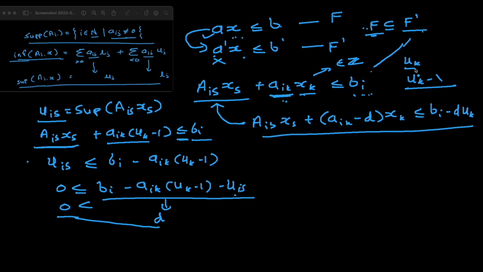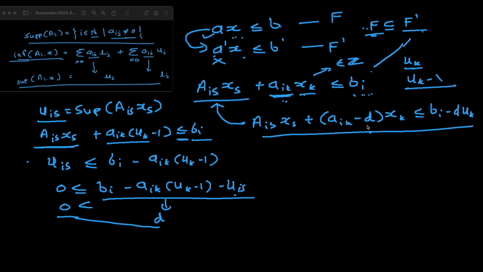So let's consider the value UK. For this UK value, what happens? xk will take UK, and this part is the same in both constraints. Here it will be AIK UK is less than or equal to BI. Here this part is the same, AIK UK minus D times UK.